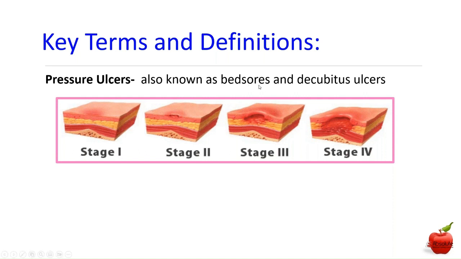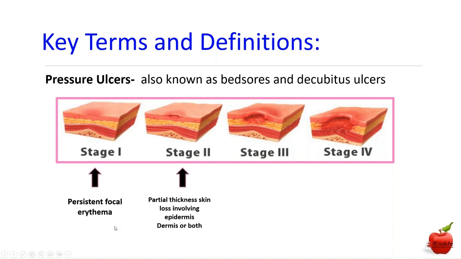So a pressure ulcer could be a bed sore or referred to as a decubitus ulcer. Be aware of the stages. What does that mean? Stage one, it's a focal erythema, just reddening of the skin. Stage two, there's partial thickness loss involving the epidermis, the dermis, or both. Remember your terms.